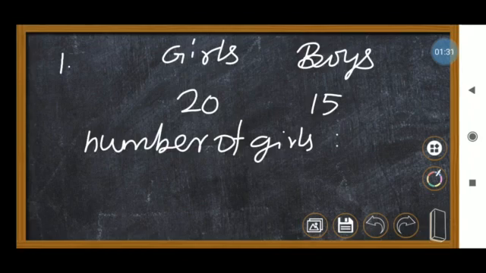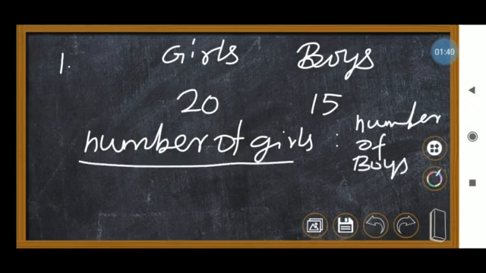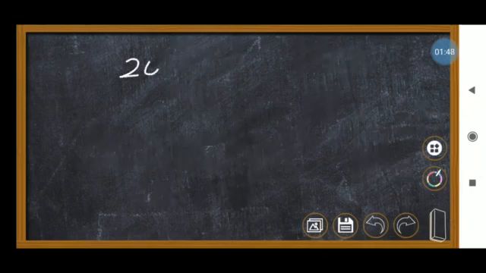Number of girls 20 is to number of boys 15. I'll write separately: 20 is to 15.